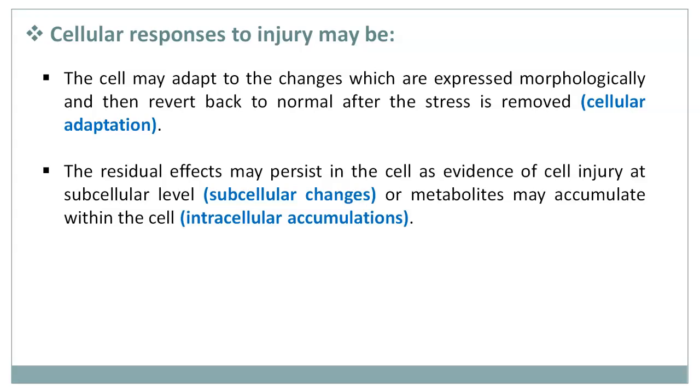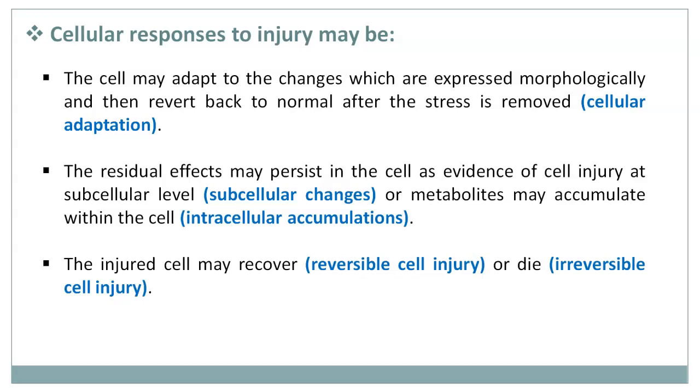Whereas the residual effects may persist in the cell as evidence of cell injury at the subcellular level, which is subcellular change, or metabolites may accumulate within the cell, which is intracellular accumulation, or the injured cell may recover or die. If it recovers, it is called reversible cell injury, whereas if it dies, then it is irreversible cell injury.